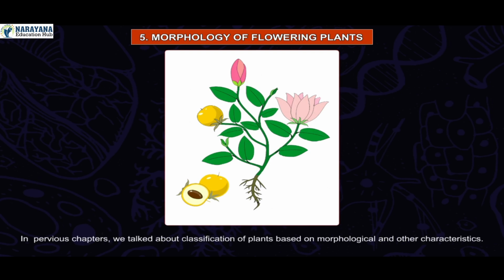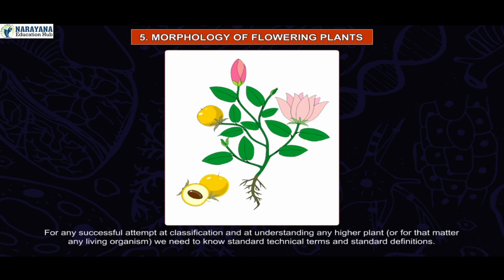In previous chapters, we talked about classification of plants based on morphological and other characteristics. For any successful attempt at classification and at understanding any higher plant, or for that matter any living organism, we need to know standard technical terms and standard definitions.